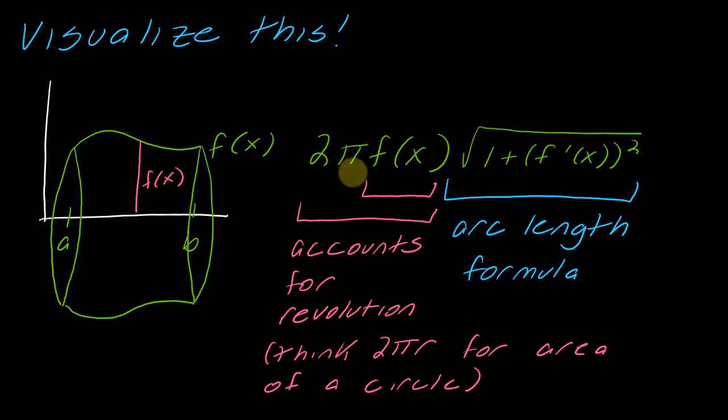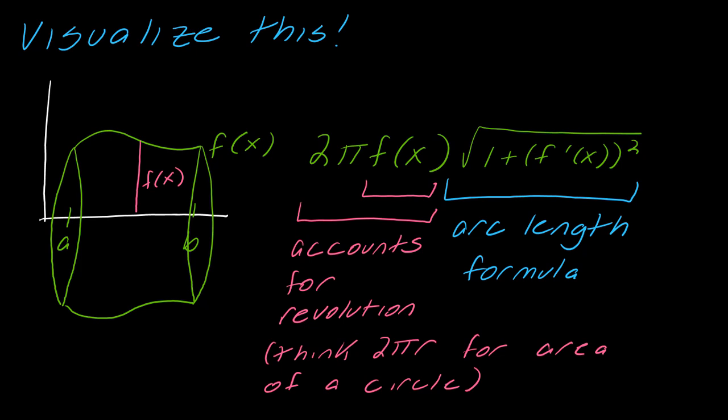It relates to the circumference of a circle, 2 pi r, except now instead of having a constant r, we know that this height is changing depending on where we are in the function. So it's 2 pi f of x, which accounts for that revolution part, and then that times the arc length formula gets us the whole formula.